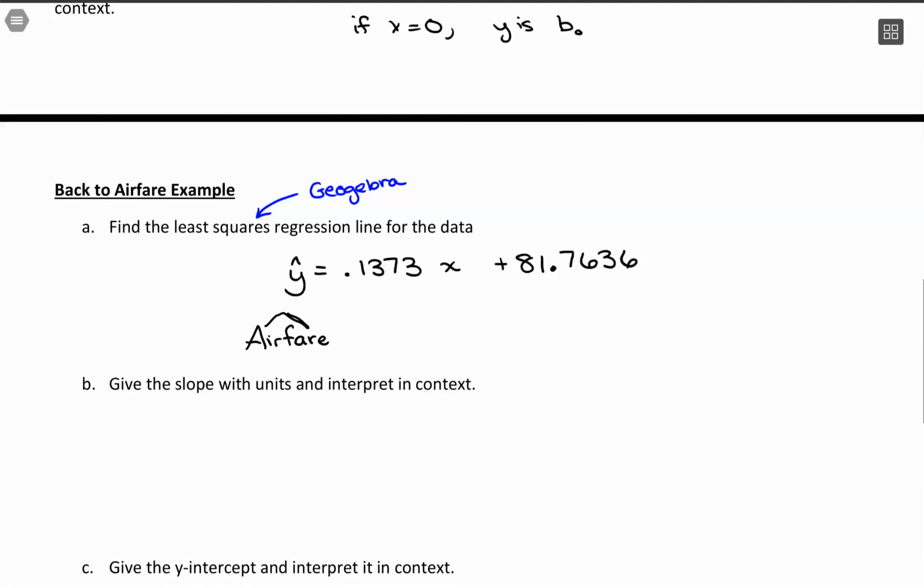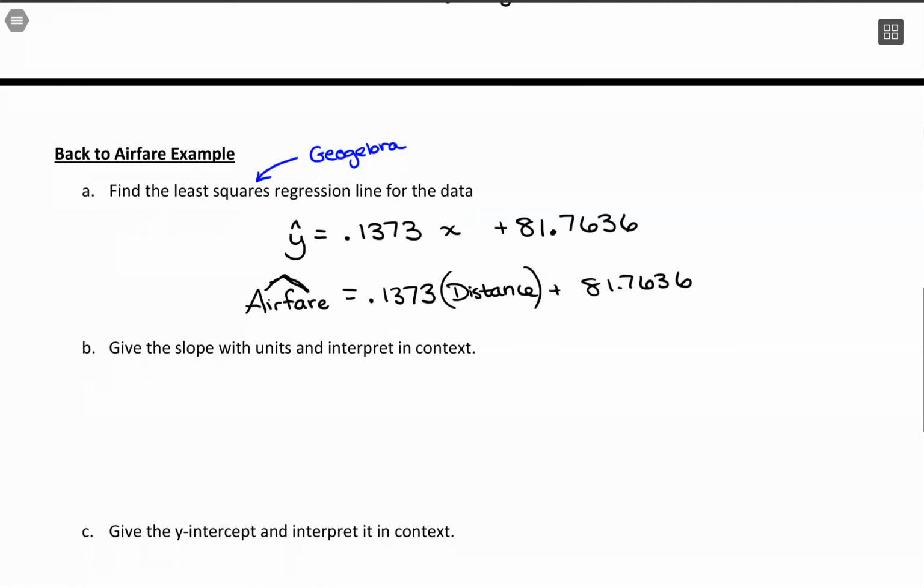So airfare with a little hat equals 0.1373 times distance plus 81.7636. So you might see these least squares regression lines written like this sometimes using the actual name of the variables, and it can be helpful when you're doing a lot of interpretations so you know which is your x and which is your y and what it represents in context, but writing it either way is fine.